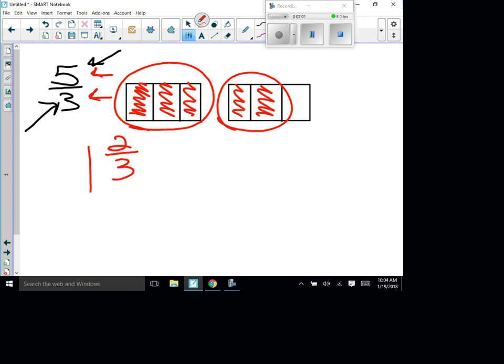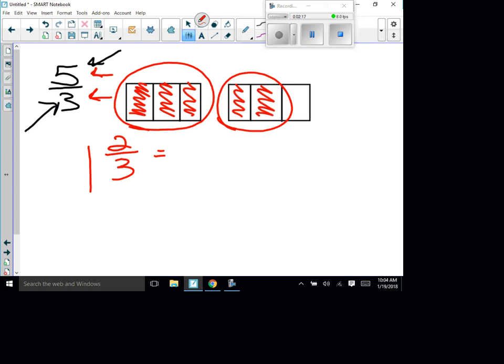Now, some math circles are going to ask you to go backwards. They're going to start with the mixed number, 1 2/3, and ask you for the improper fraction.